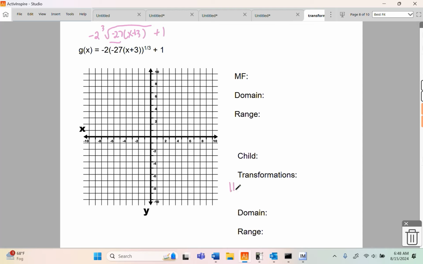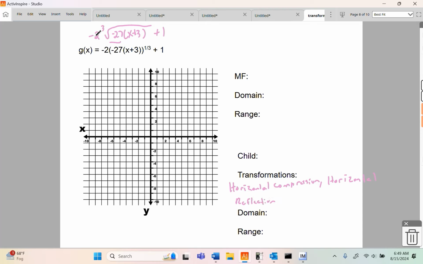You have a horizontal compression, and it's a doozy. 1/27th the width. And you have a horizontal reflection because there's a negative symbol in there.